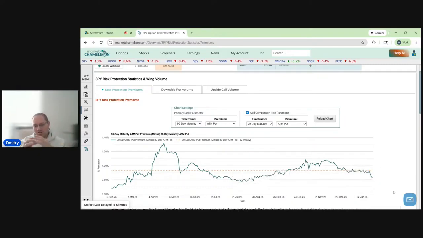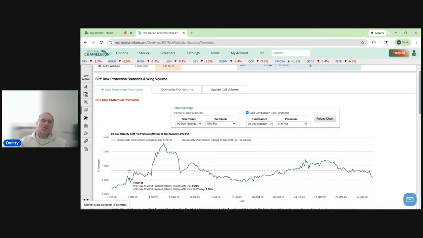And this is telling us that the shorter term risk premium is starting to get elevated relative to the longer term premium from a historical perspective. So right now we're seeing more risk on the shorter end. The markets are anticipating more volatility right now on a relative basis.